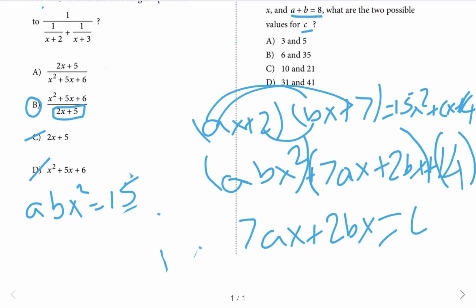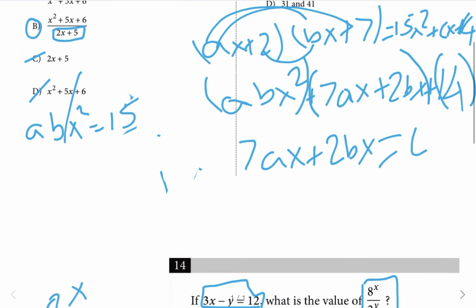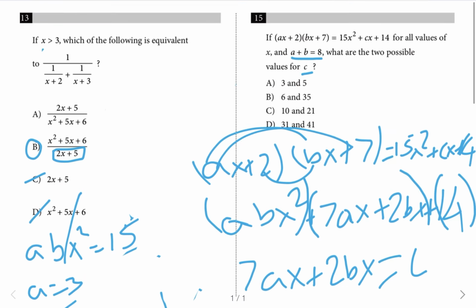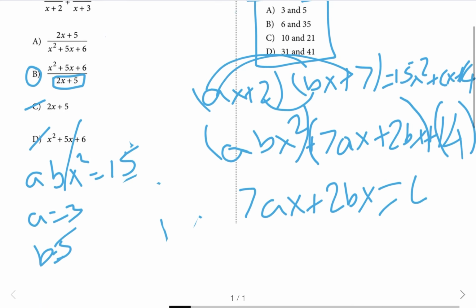So a could be 3 and b could be 5, or b could be 3 and a could be 5, whichever one we decide to do. So a is 3, b is 5. And this is the reason why they gave us two solutions. So now we plug it into this equation right here.